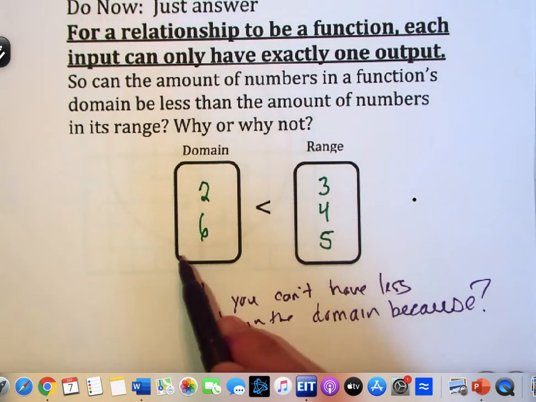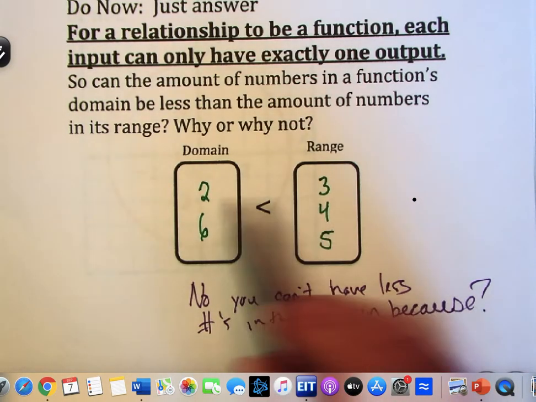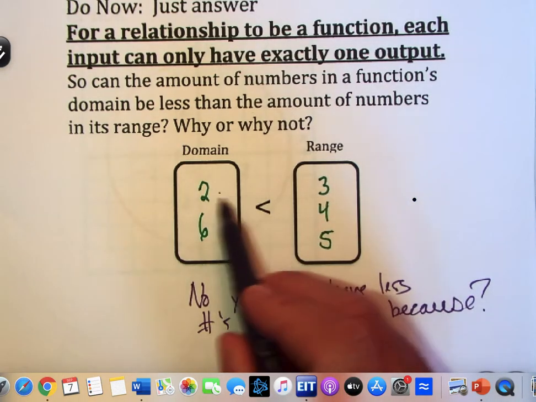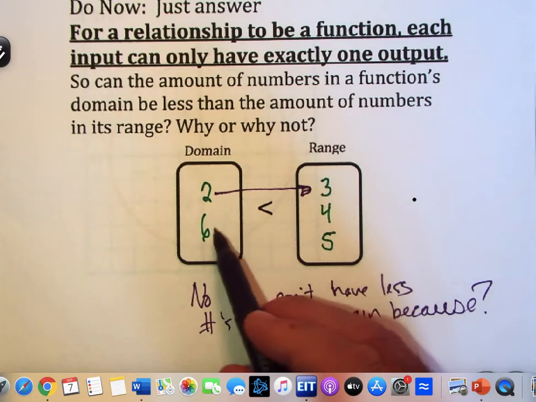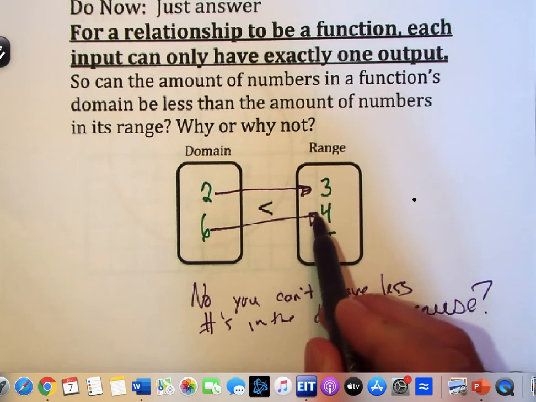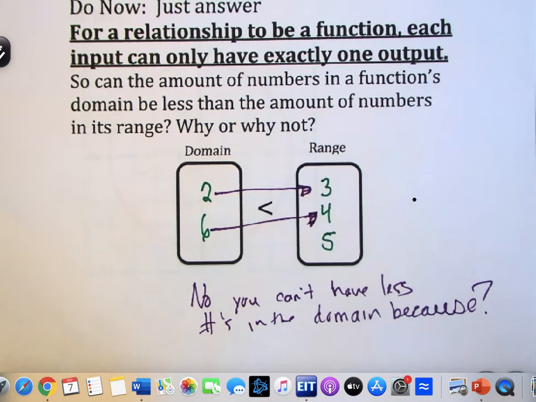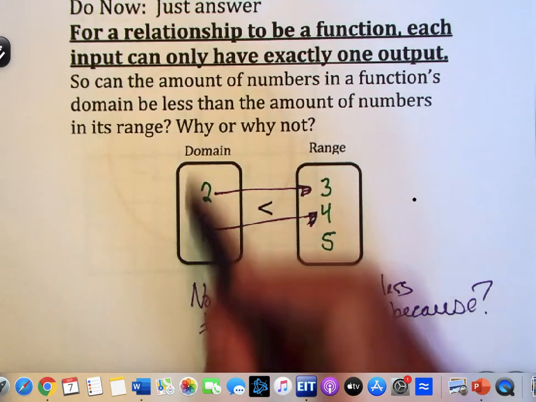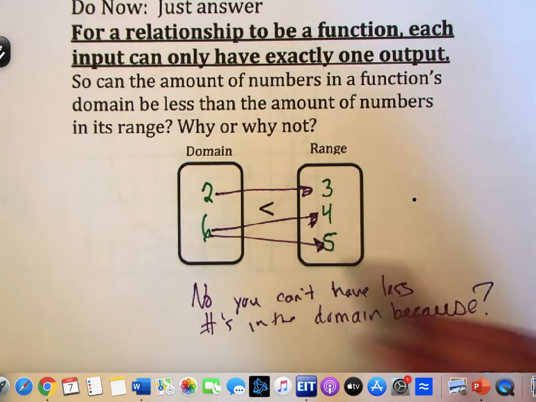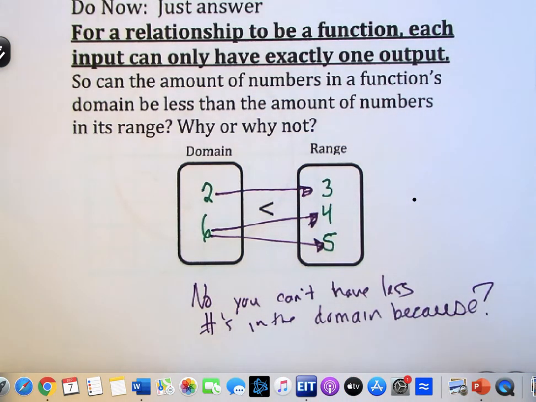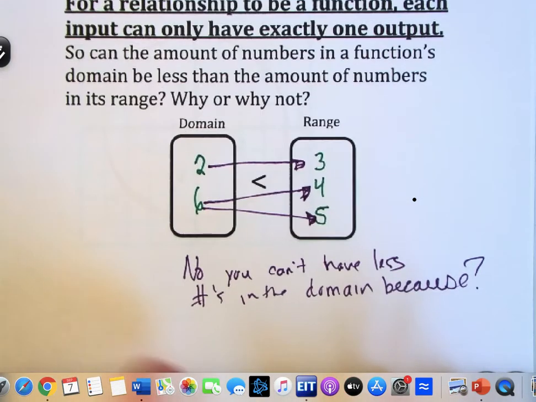Because each domain has to go to a range, right? So if we have 2 domains and 3 ranges, that means 2 would go to 3, and 6 could go to 4. But that means one of these other domains has to go to 5. So this input has to have 2 outputs.